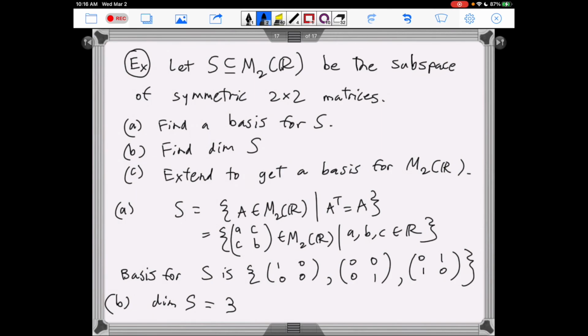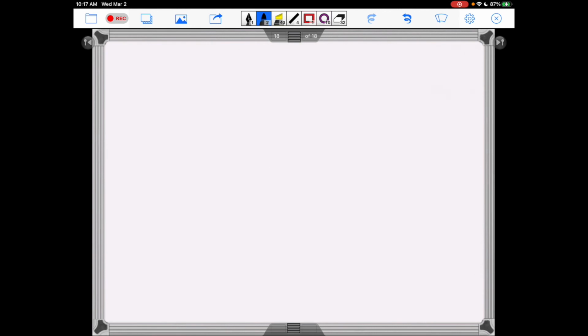This may seem like a daunting thing here. How on earth can we find something to extend this with? But here's the nice thing. The nice thing is that we're actually really close to getting the whole space, right? And let me explain why. We know that S lives inside M2R. This guy has dimension 4.